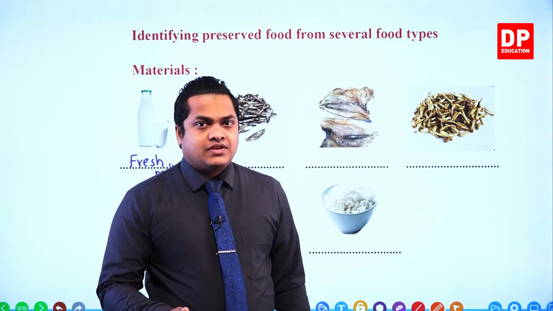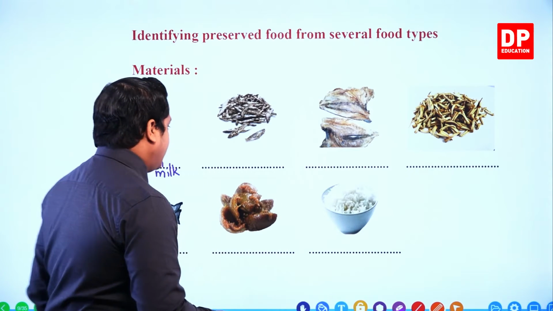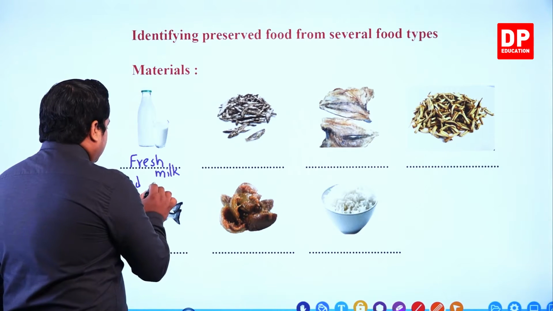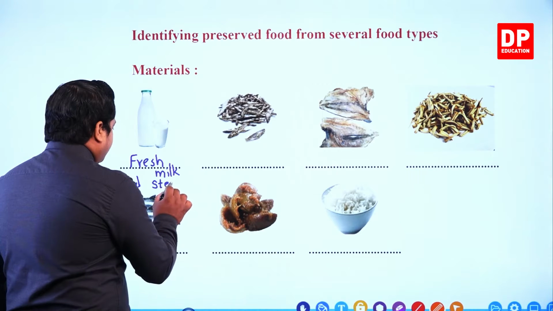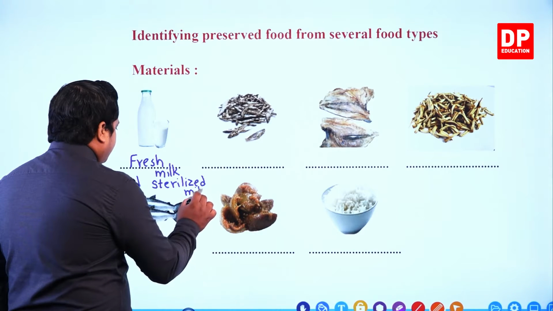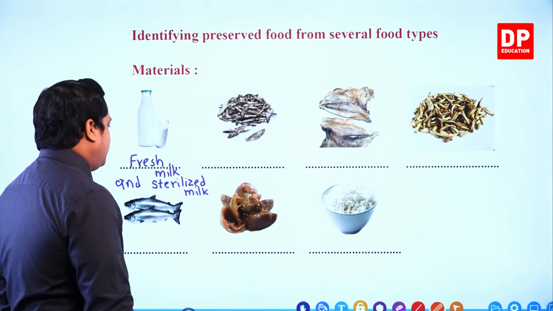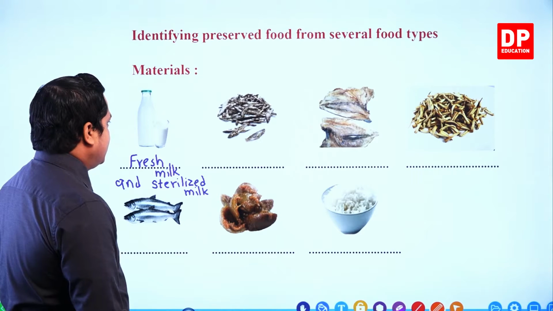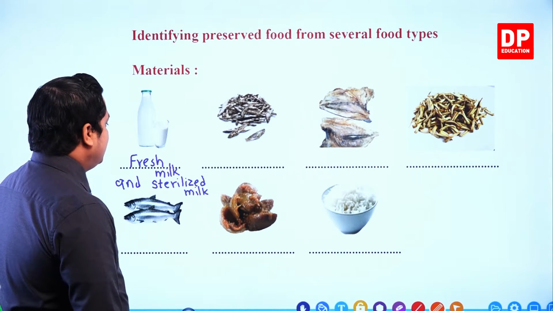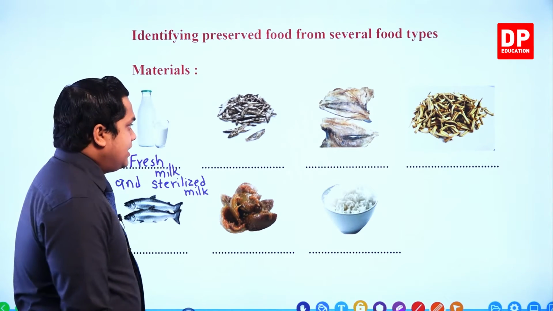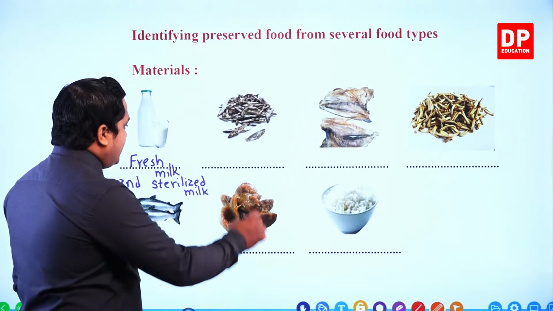Sterilized milk, so I'll mention that as well. Fresh milk and sterilized milk. We'll be needing both of these. Within the bottle, you can observe sterilized milk. This is just a fresh milk glass.